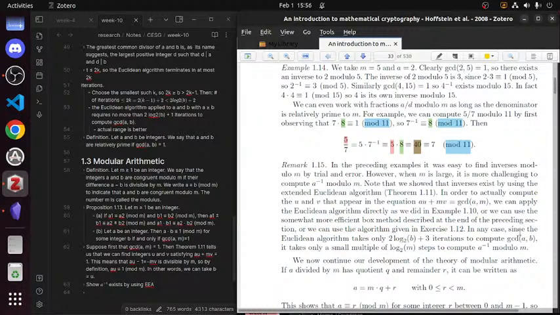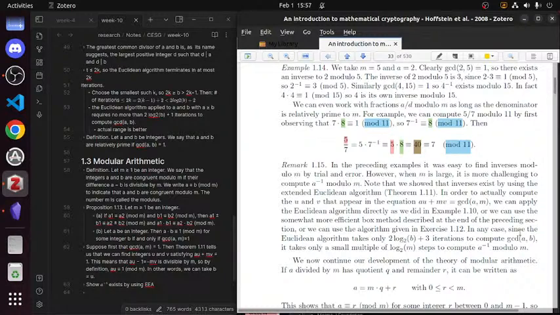In any case, since the Euclidean algorithm takes only 2 log 2 B plus 3 iterations to compute the GCD of A and B, it takes only a small multiple of log 2 m steps to compute A inverse modulo m.